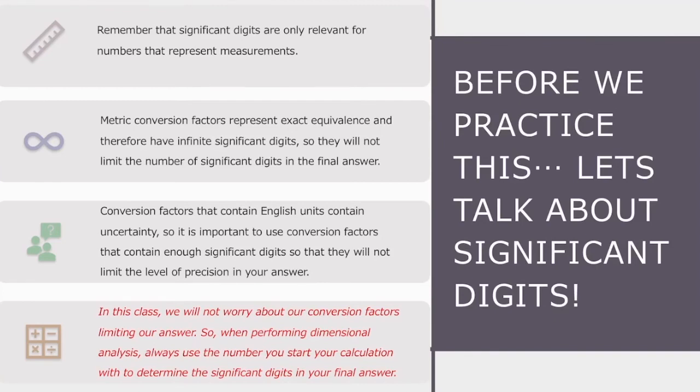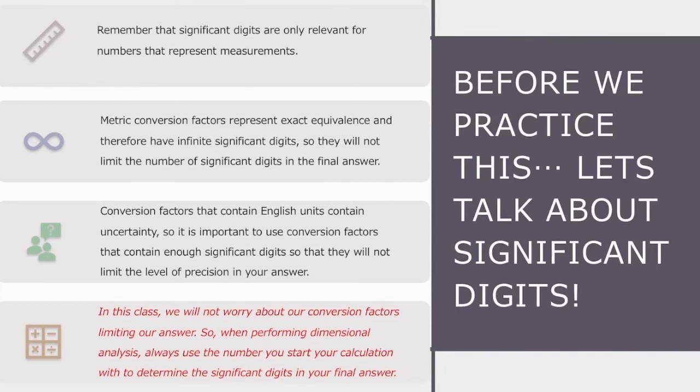Second of all, if the conversion factors that we're using in our problem are metric conversion factors, they are exactly equivalent. So 1,000 meters is equal to 1 kilometer. Those are exactly equivalent to one another, and so they're considered to have an infinite number of significant digits. They're not going to limit the number of digits that we can report in our answer. That's going to be limited by other numbers in that problem.